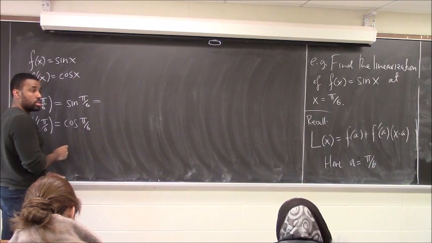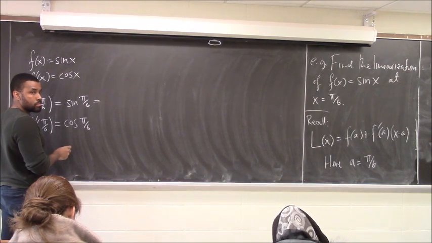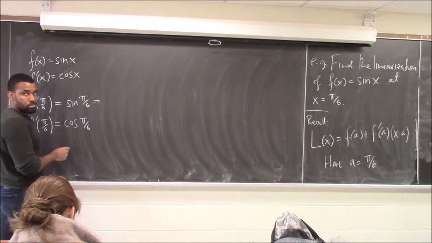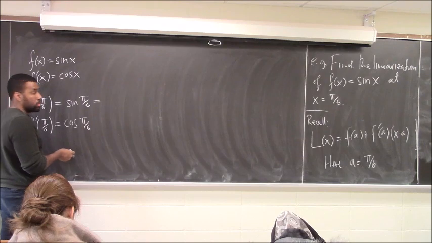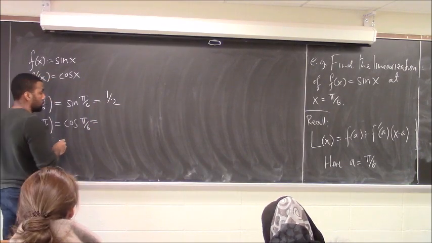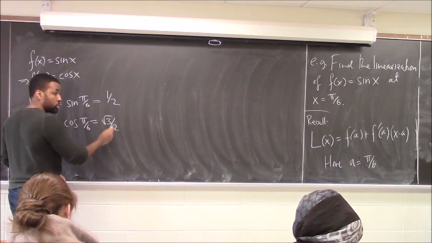Sine of pi over 6 is a half. Cosine of pi over 6 is radical 3 over 2. You guys should know that.